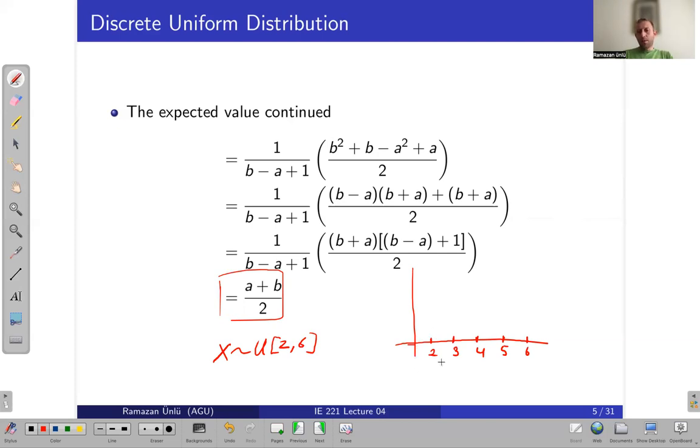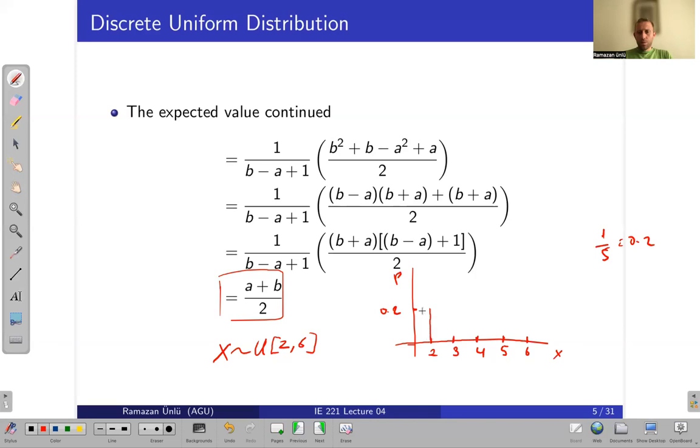How many numbers do we have here? 5, right? 1, 2, 3, 4, 5. So 1 over 5 is 0.2, which is the probability of each value. So let's say this is 0.2. This is the probability, this is X.